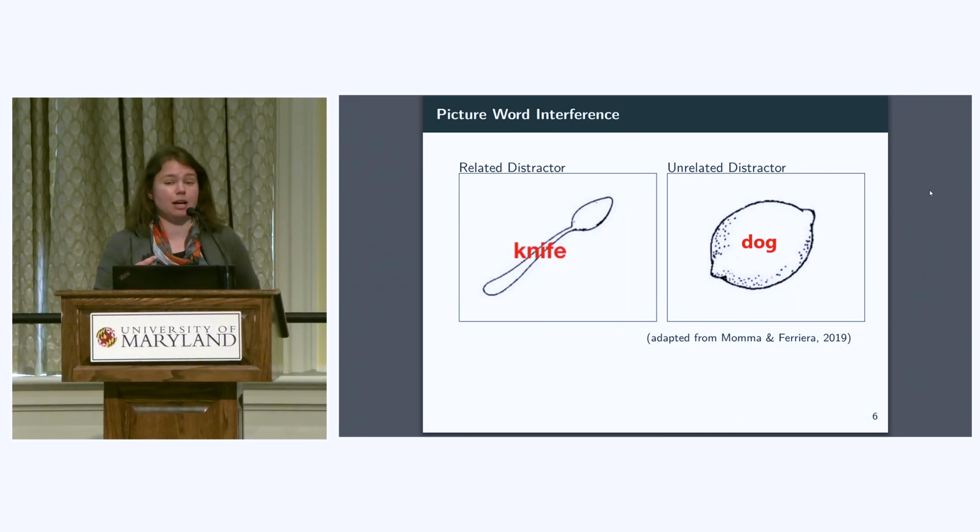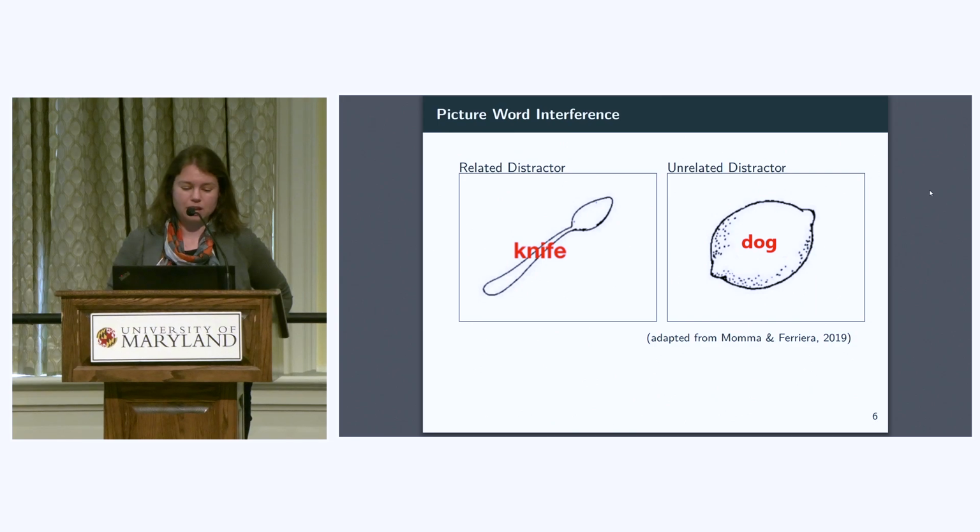Well, we can use a really timing-sensitive methodology like picture word interference. So here I have blatantly stolen an example from Momer and Ferreira's wonderful paper just to teach you how all of this works. So the idea is that you give participants a task of naming these objects that are given in the line drawings, and then you're mean to them by writing a word over the top that is potentially semantically related, or in some cases unrelated, and this makes it quite a bit harder.